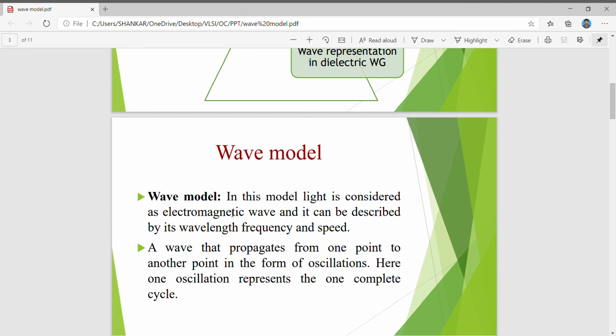This light signal can be described in terms of wavelength, frequency, and speed.